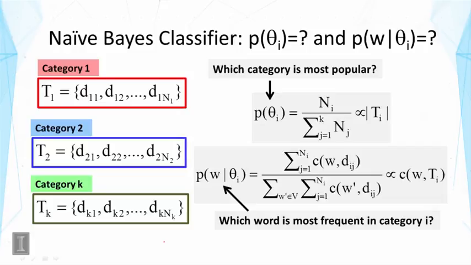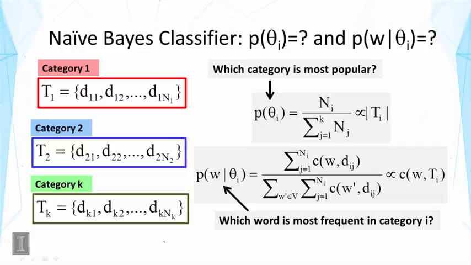And then we put together all the counts of the same word in this set. And then we just normalize these counts to make this distribution of all the words, make all the probabilities of all these words sum to 1. So in this case, you can see this is proportional to the count of the word in the collection of training documents T sub i, and that's denoted by c(w, T sub i).